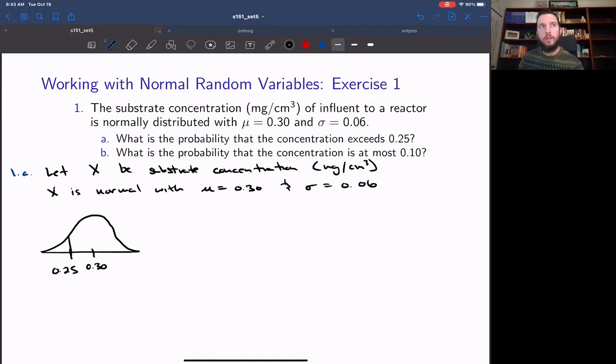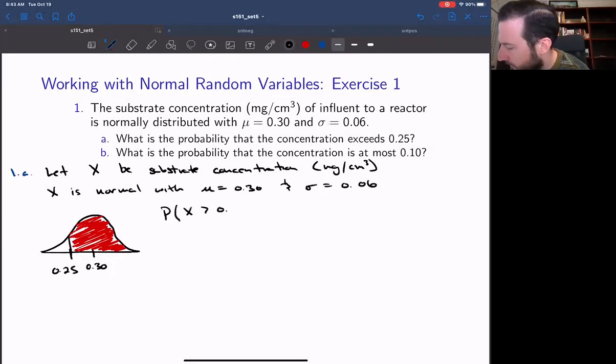So our middle point is 0.3. We're interested in X is 0.25. So we want the area to the right of 0.25. Okay, so this is what we are interested in. So the question is, what is the probability that X is greater than 0.25?